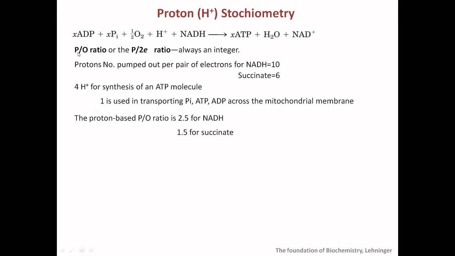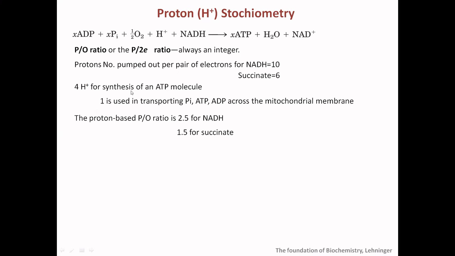That will be determined from the P/O ratio, or the P/2 electron ratio. O means the oxygen atom. One oxygen atom takes 2 electrons. We know that NADH is involved in pumping 10 protons across the inner mitochondrial membrane, and the succinate, because it donates its electrons a step later, pumps 6 protons into the intermembrane space.